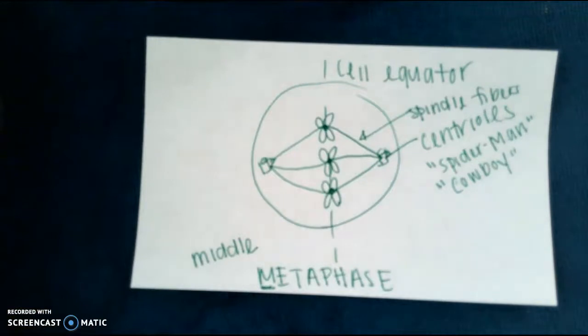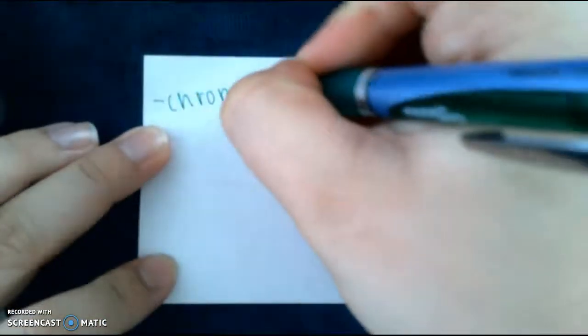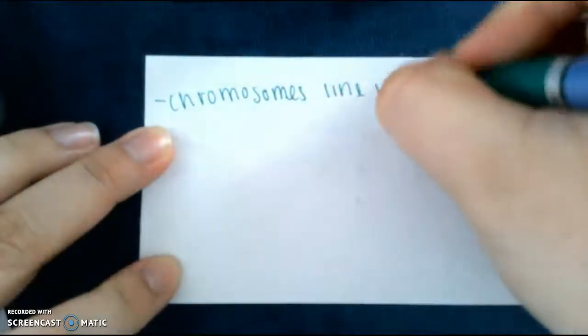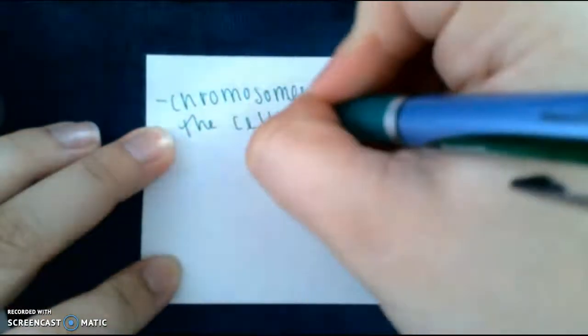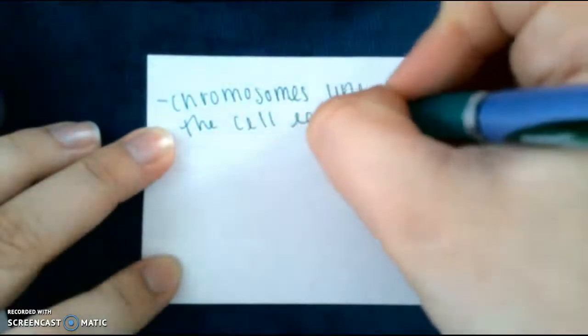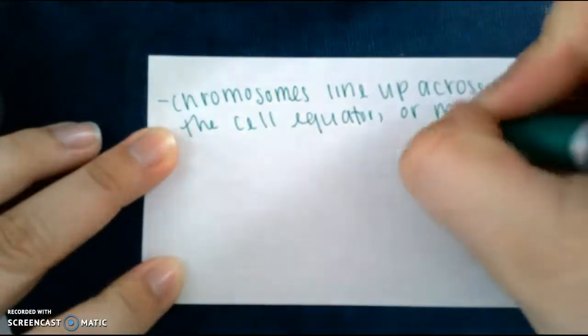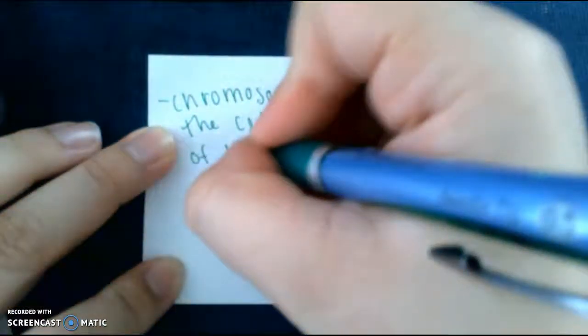Okay, now let's go ahead and flip that over and write what's happening in metaphase. So in metaphase, let's center this. The chromosomes line up across the cell equator or middle of the cell.